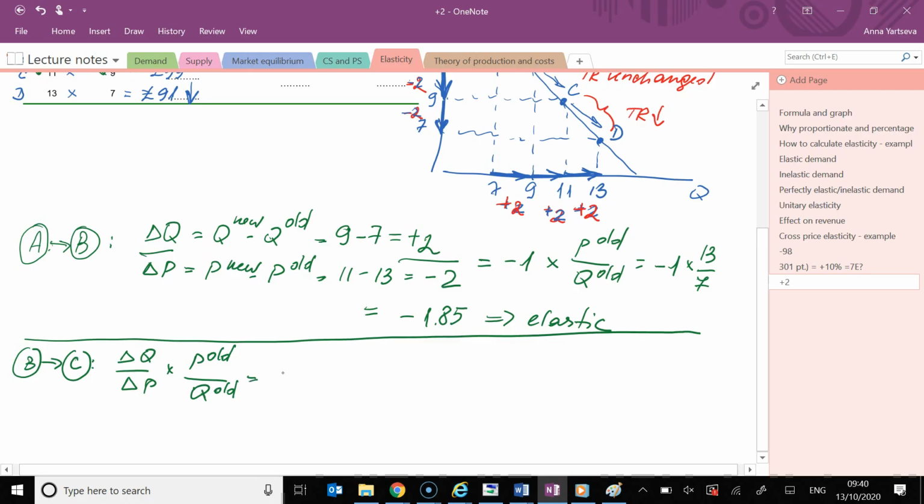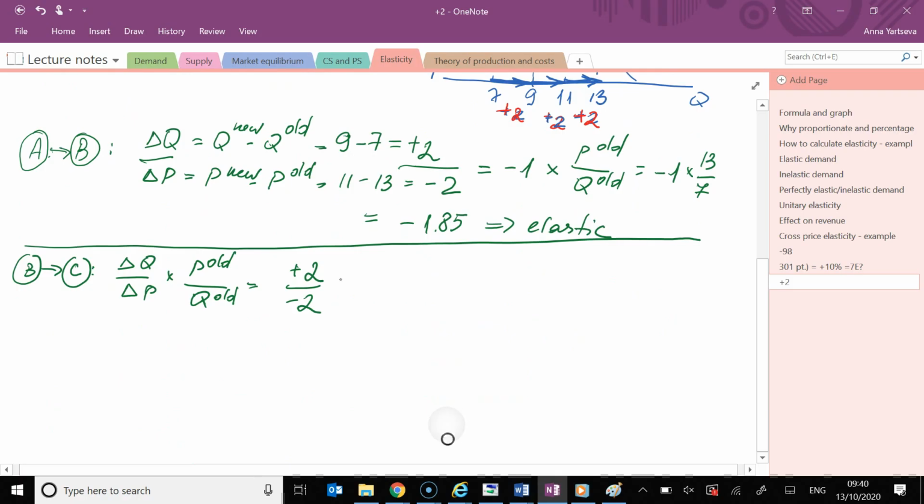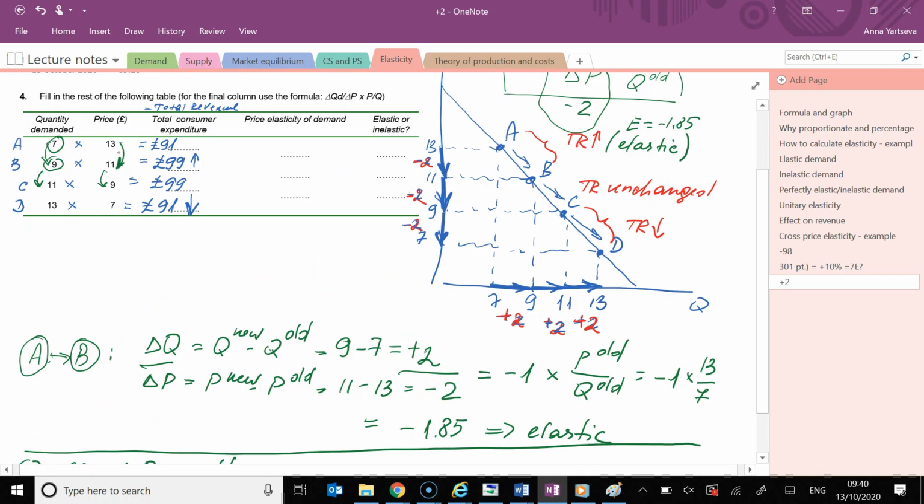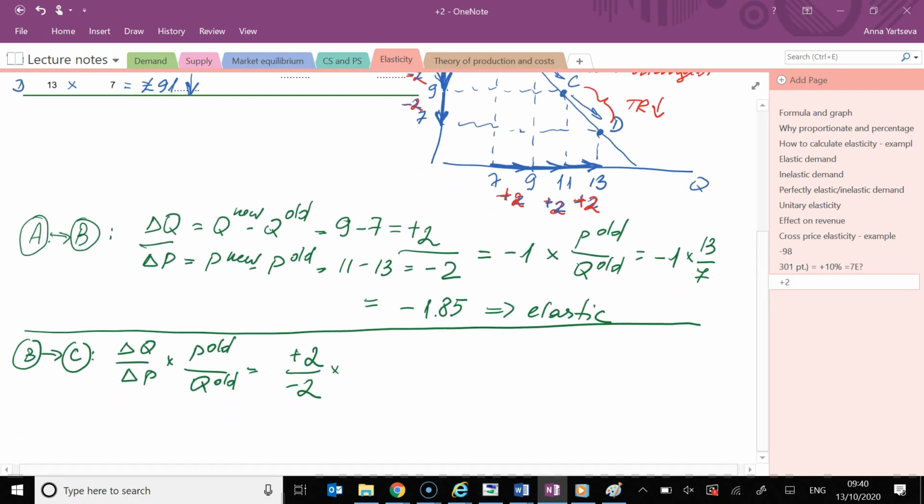Change in quantity and price remain unchanged. Quantity increases by 2 units, from 9 to 11. Price drops by 2 pounds, from 11 to 9. So we only need to plug in our values, old price and old quantity. Old price was 11. We start at point B, and this is the price which we used to have, 11 pounds. So old price is 11.